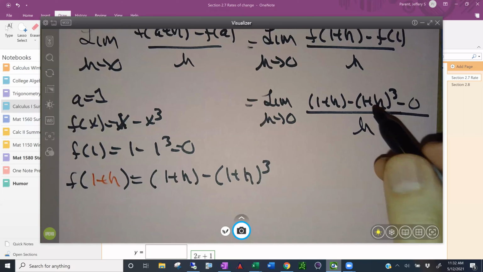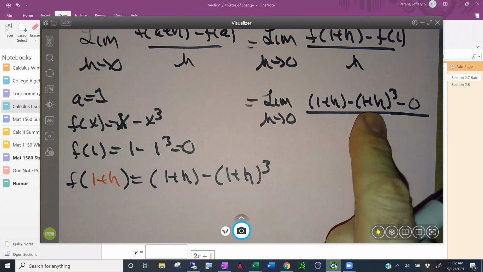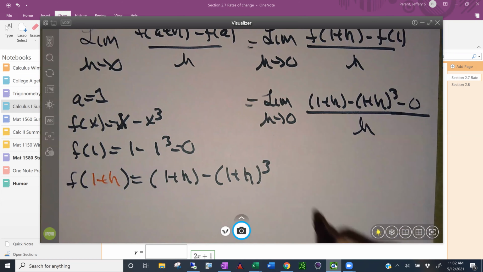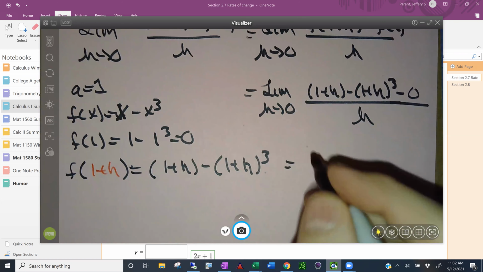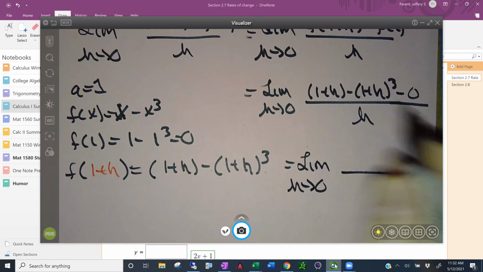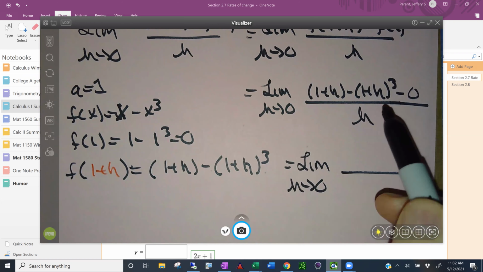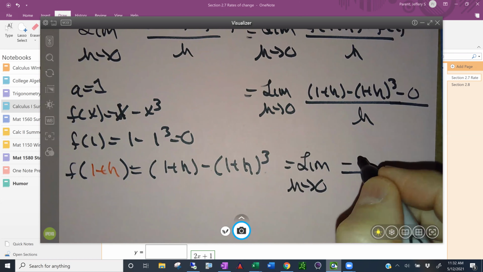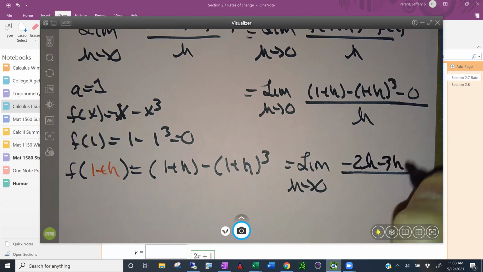Simplifying this is a little bit of a pain. Personally, I don't think I cubed this out. What I did is I factored this all out, etc. I'm going to bypass some of the ugly algebra here and show you something a little bit closer to the happy ending, which is if you factor this out and do some cancellation, you should end up with minus 2h minus 3h squared minus h cubed over h.